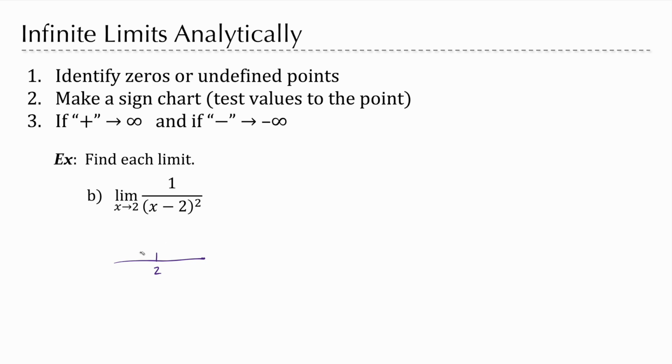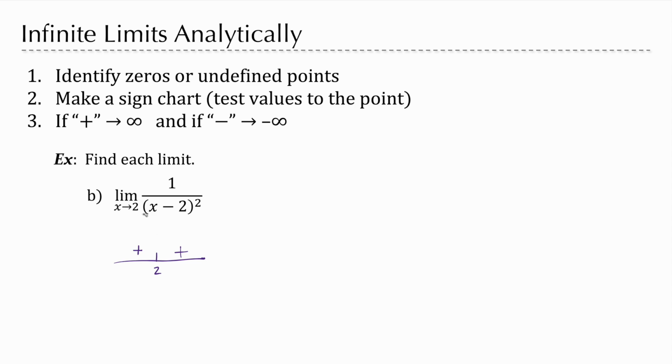So if I take, for instance, the number 1 and plug it in here, well, 1 minus 2 is negative, but if you square it, that makes it positive. So this actually works out to be a positive here, because I have a positive divided by a positive. And if I, for instance, choose the number 3, well, plugging 3 in here makes it positive, and positive divided by positive is still a positive, which means, in this case, at the vertical asymptote, the graph on both sides is increasing without bound.